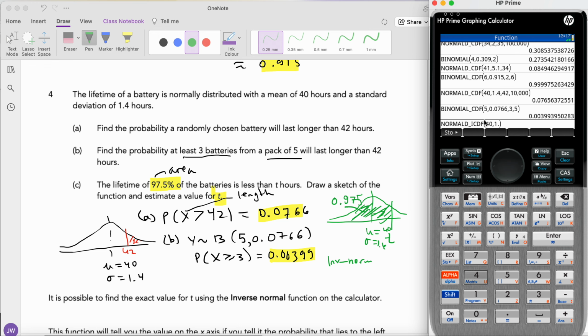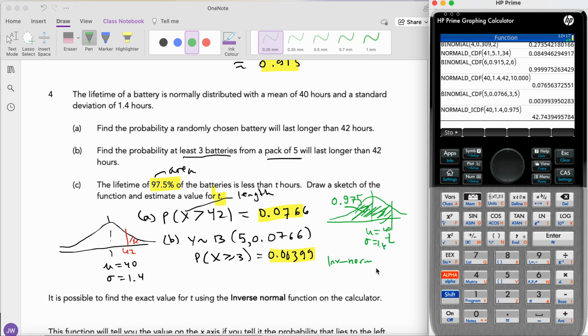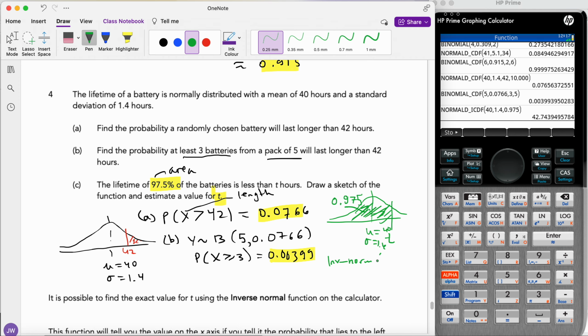And this is 1.4. And now, instead, we're going to put in the area as a decimal. Boop. And what it gives us is 42.5, okay? So again, you always put the mean, standard, and then the probability. Remember, calculator thinks from the bottom up, so it's always less than the probability that you're actually putting in, okay?